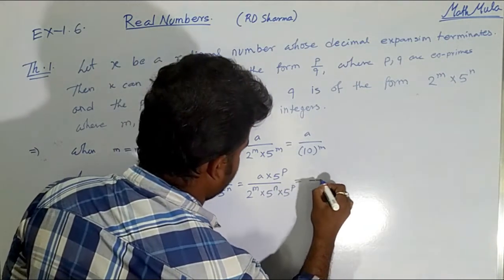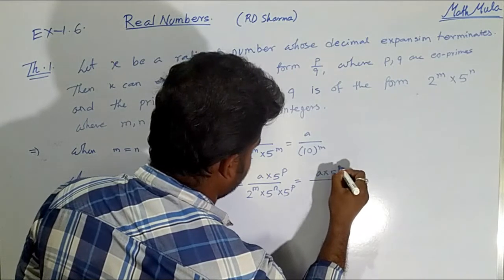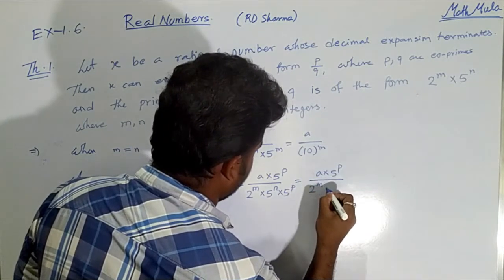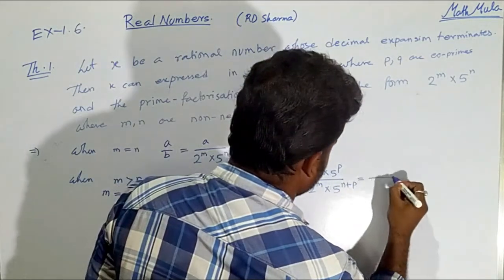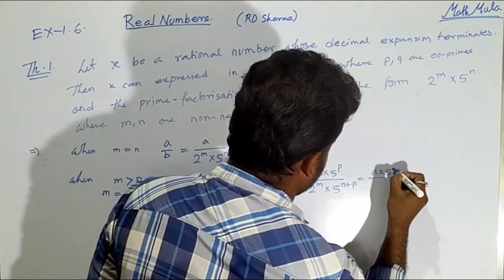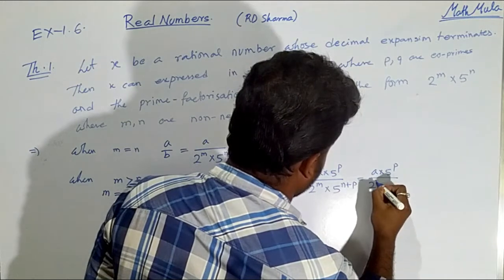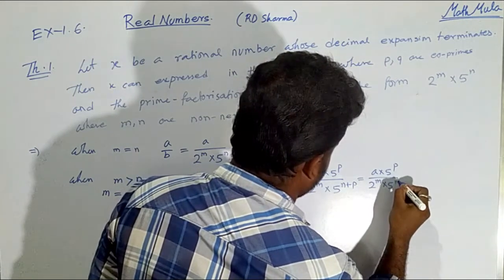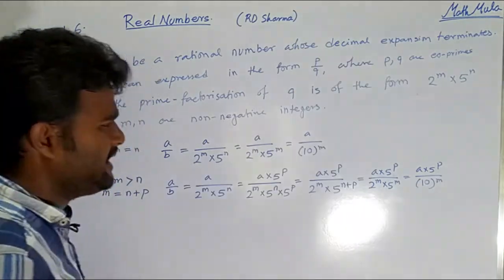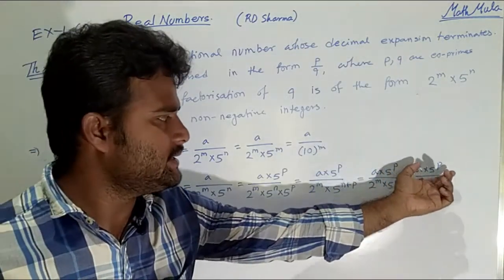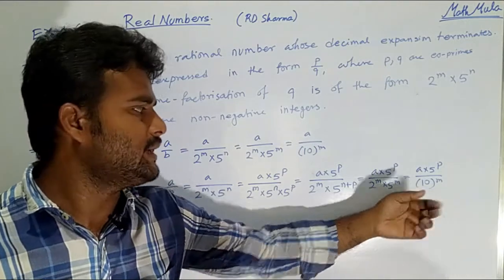That means we can write a into 5 to the power p by 2 to the power m into 5 to the power m plus p. This is equal to a into 5 to the power p by 2 to the power m into 5 to the power m. So a into 5 to the power p by 10 to the power m. Again, if we divide an integer by a power of 10, it will terminate.